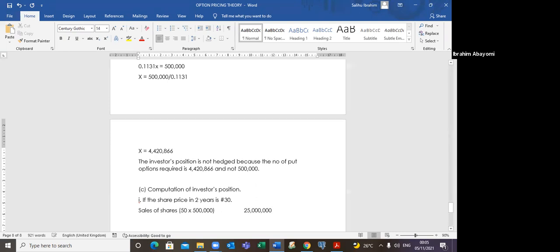But don't forget, I will also pay what? I will pay premium. My premium should be removed from my revenue. The premium I'm paying is 1.77. 1.77 of what? 500,000 put option rather. That's what you computed.